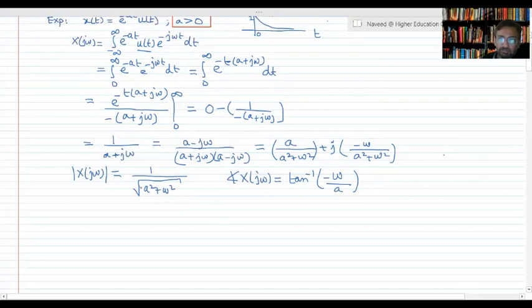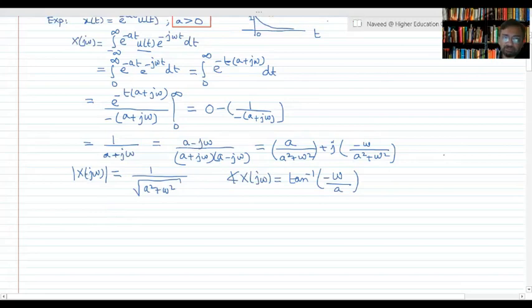And we can immediately notice that the real part of this function is an even function in omega, and the imaginary part of this function is an odd function in omega. Similarly, the magnitude is an even function in omega, and the phase is an odd function in omega.